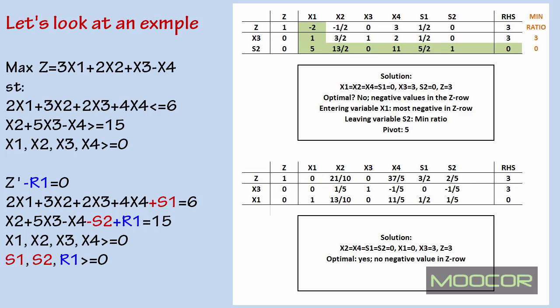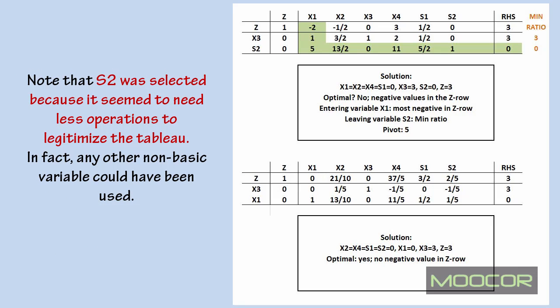Place it in there, carry out the iteration, and you will have the optimal value of the problem. Note that I didn't have to actually use S2. I could have selected x1 or x2 or even x4 as the basic variable, but S2 was an easy choice, so I selected that one.